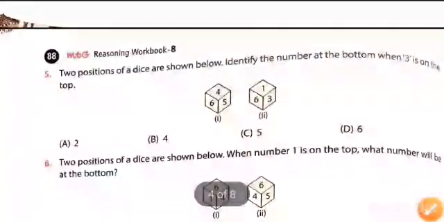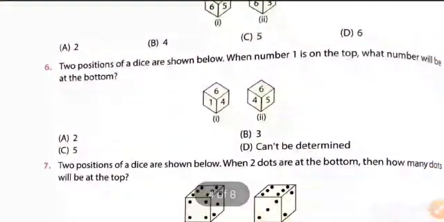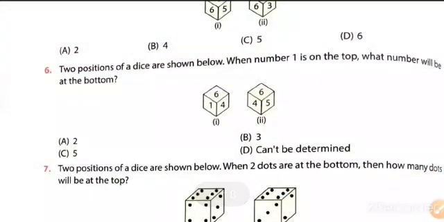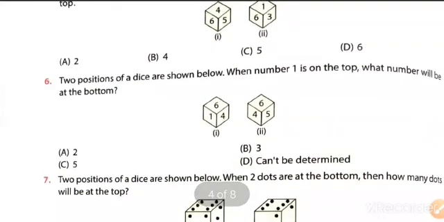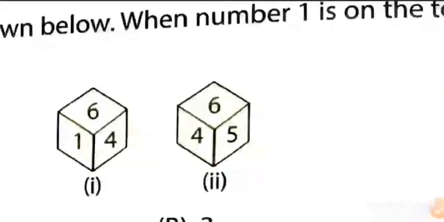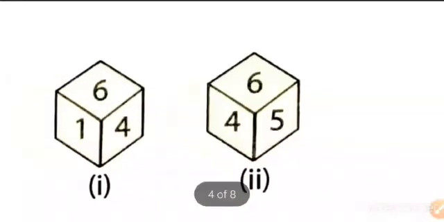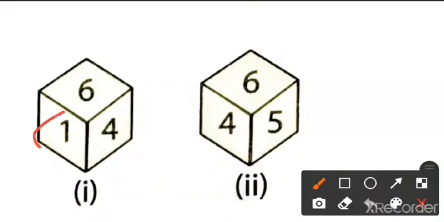Now moving further to question number 6. Again the same type of question. Two positions of a dice are shown below. When number 1 is on the top, what number will be at the bottom? So we have to find the opposite face of this 1. Same thing we will do, we will take the common face.